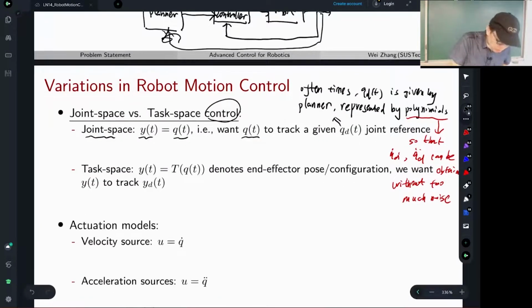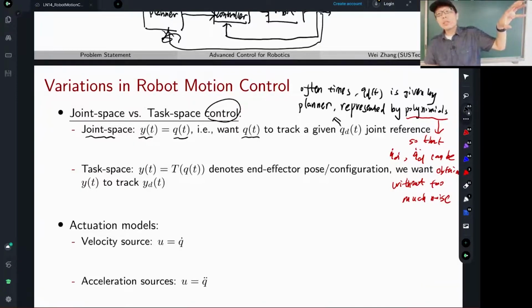Okay, there's also so-called task space control. So desired motion is not specified in the joints. It's just specified in terms of end effector pose. For example, I want the end effector to move to grab this chalk.